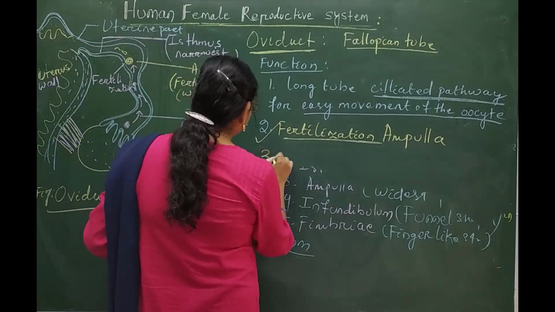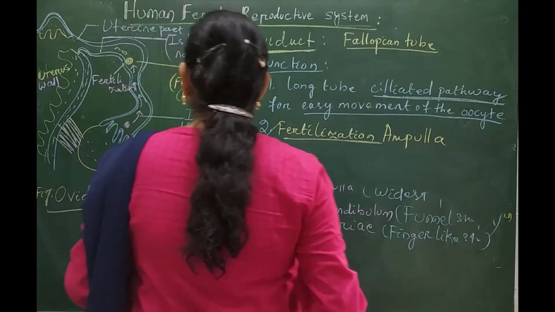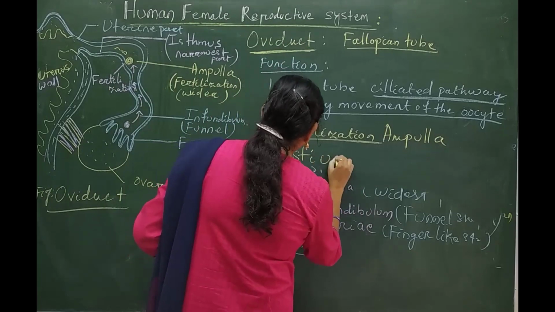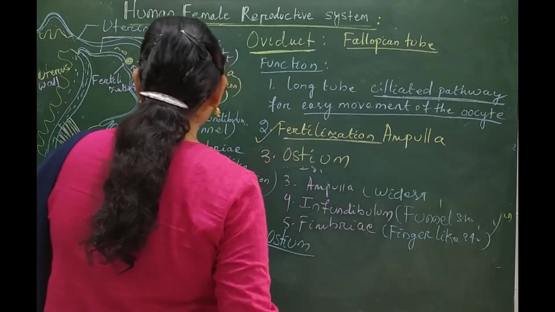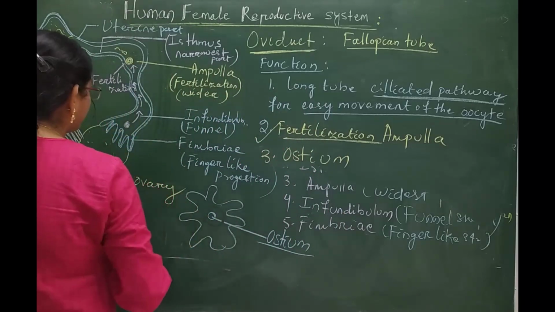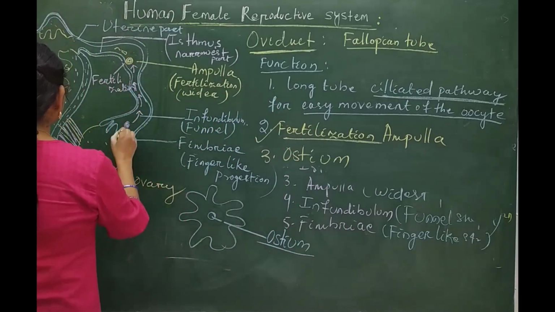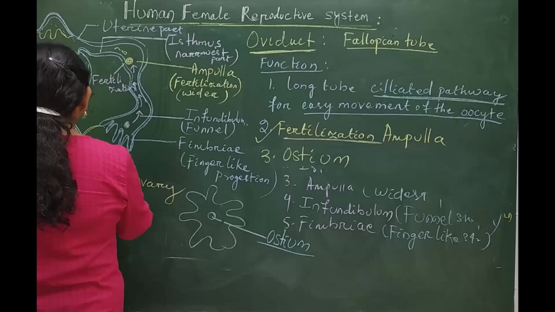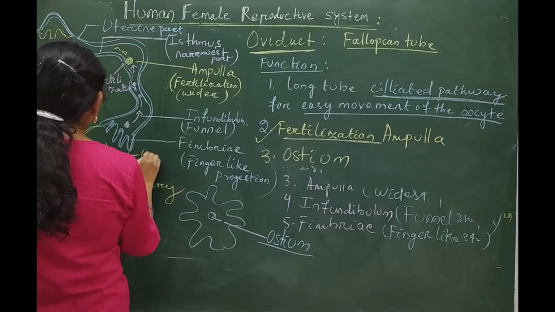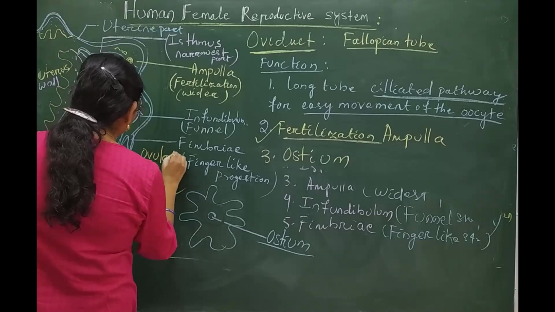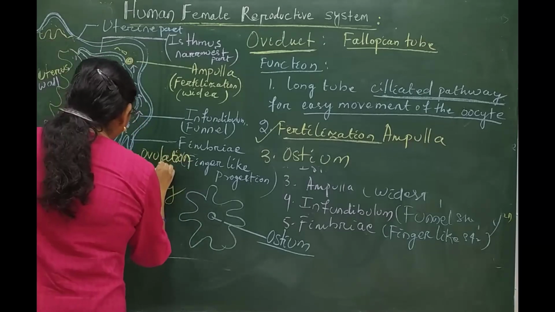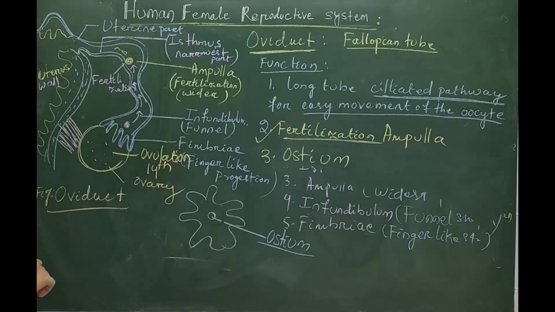And at last, it is provided with a particular opening called ostium. This ostium is found at the opening or orifice of the fimbriae, which is projected into the ovary, ready to receive the oocyte after ovulation occurs at the 14th day of the menstrual cycle.